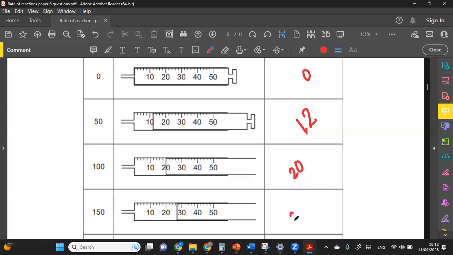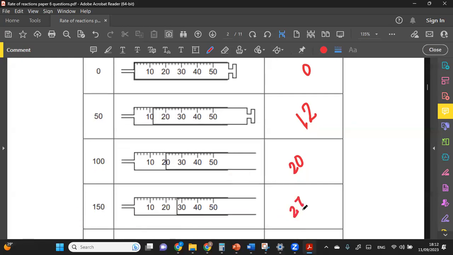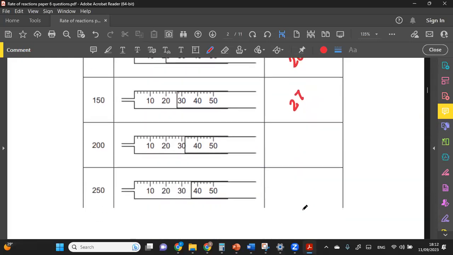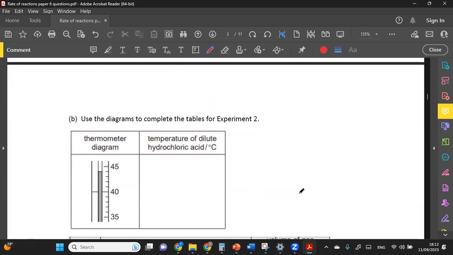Between 26 and 28, we can easily say that it's definitely 27. Correct, 27. Next, what about the next two? 32? It's 32, correct. Now after that, I think it's 36. Yes, 36 is correct.